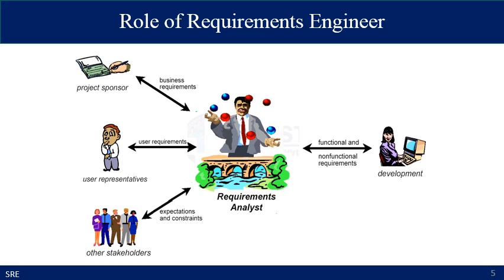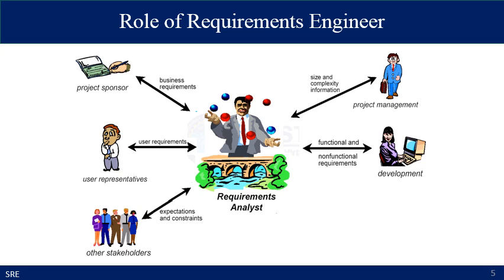So the requirement engineer is responsible for getting the business requirements from the project sponsors. It is not necessary that every time a user is a project sponsor. In many cases, the project sponsor can be any third party which is using the software development team to develop a product for a different kind of user.